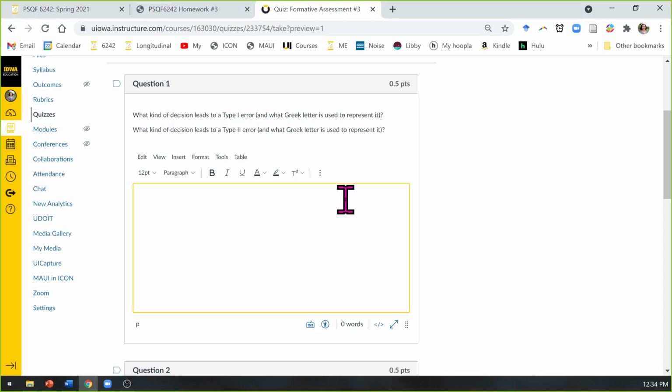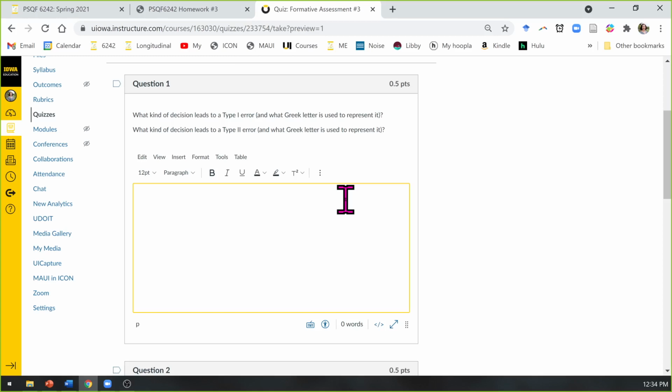The question is, what kind of decision could possibly lead to each type of error? So this was in reference to if you are making a thumbs up, thumbs down decision about the significance of an effect. So rejecting the null or not rejecting the null, what kind of decision would lead to a type 1 error potentially?